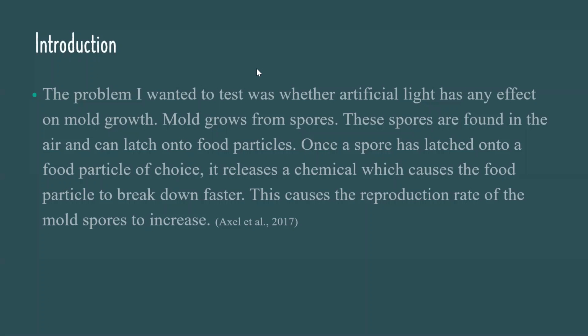Mold is considered bad because when a food particle reaches its shelf life, meaning the maximum length of time it can survive before it starts to break down, it decomposes. So mold is basically an indicator of when the food particle is starting to decompose. At this time, if it's in your fridge, you want to throw it out. If you decide to cut off the weird colored part and proceed to eat it, you can become very, very sick.